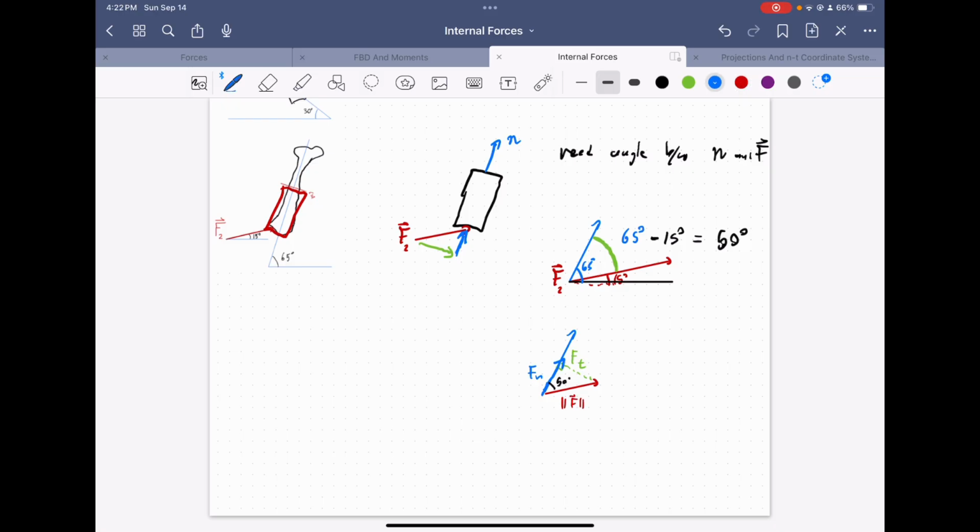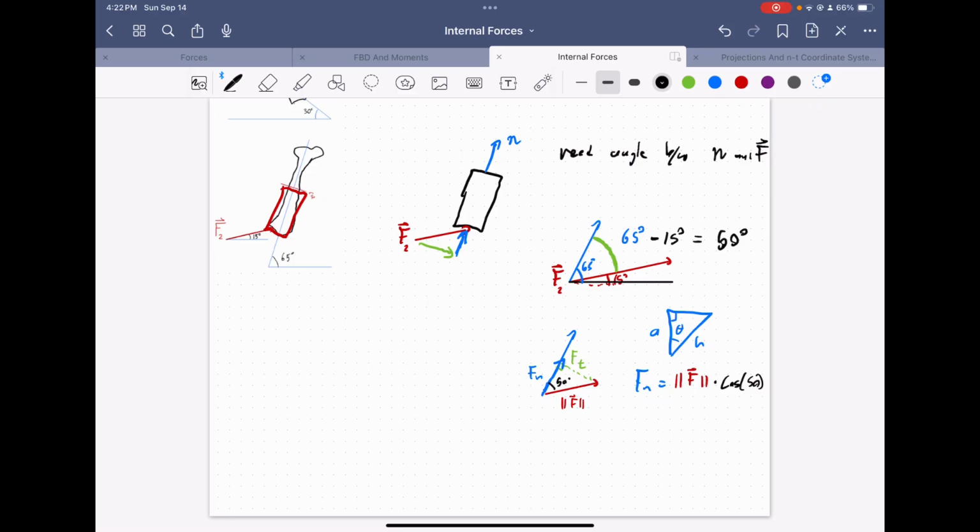So we know that Fn, if this is a triangle, right? We have this triangle where this is 90 degrees and this is the hypotenuse. We can get that adjacent side by Fn equals the magnitude, or that hypotenuse, times cos 50, right?